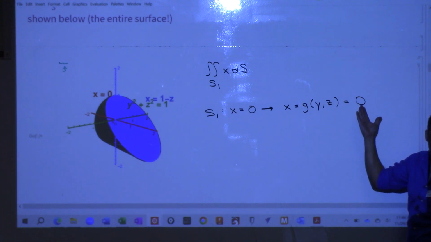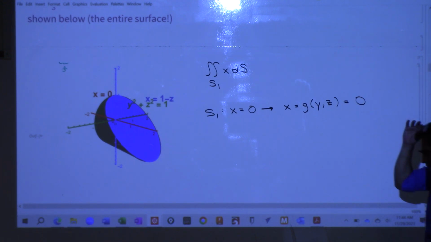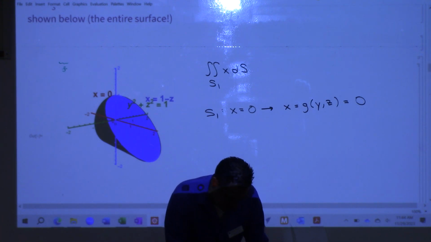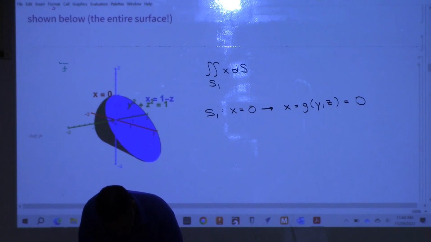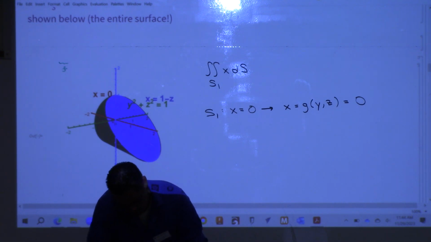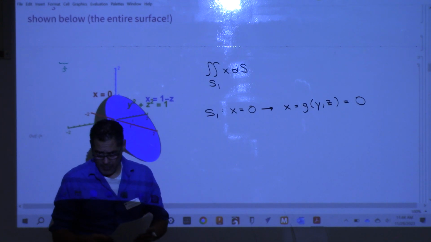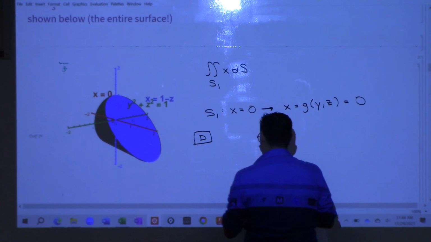There is no y and z in there, but you could argue that that is a function of y and z. So what formula is this, by the way? Which one are we using? A, B, C, or D? We're using D, right? That's just to let you know what I'm using.